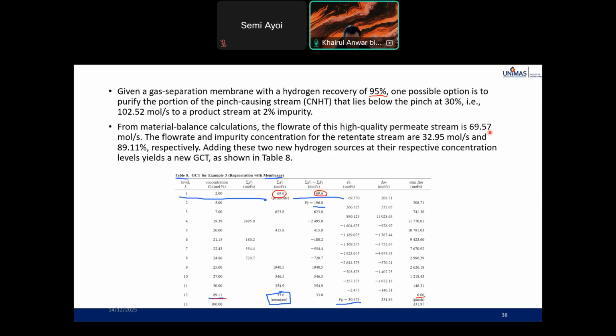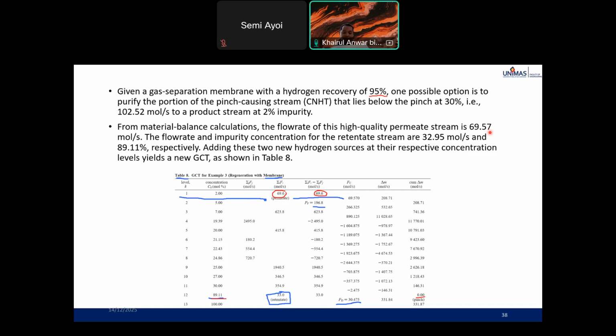And the concentration for the retentate, the gas, because in this case the membrane is a cross flow membrane. So the gas that is not treated will just pass through, and the gas being treated will pass through the membrane. There's a flow of gas.